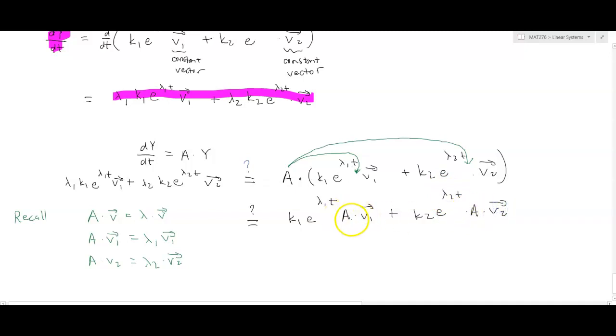And because A v1 is equal to lambda 1 v1, and A v2 equals lambda 2 v2, the special properties that these eigenvectors have.